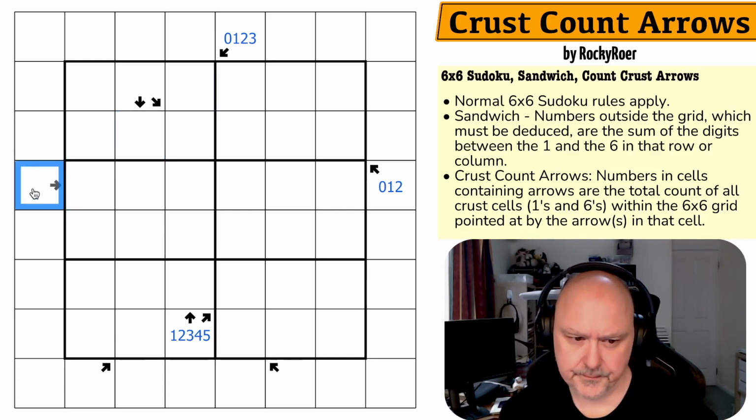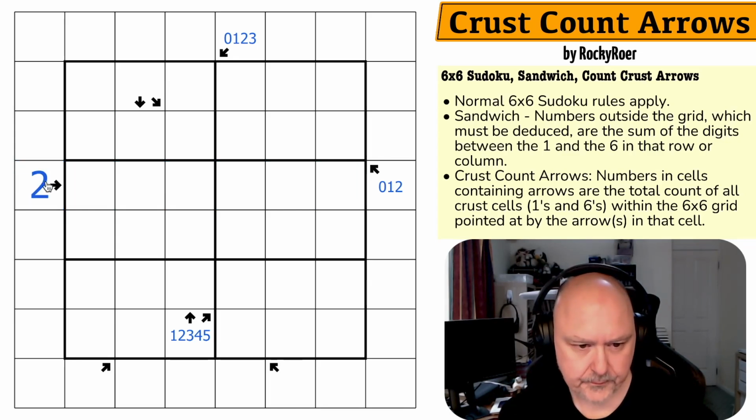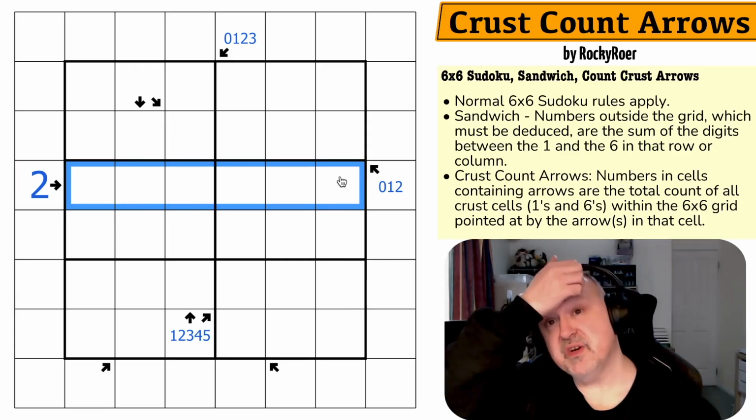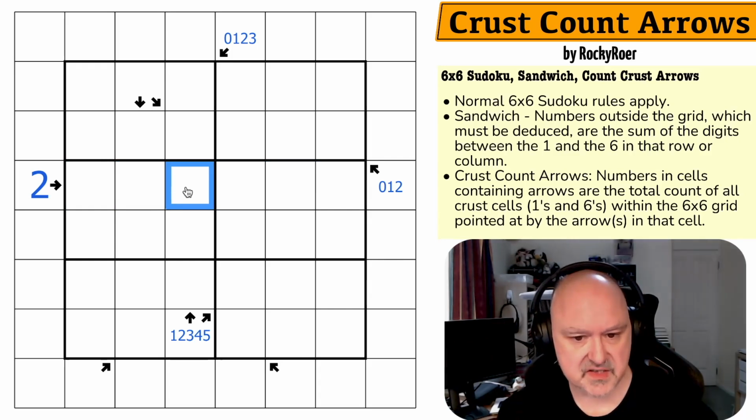This one, actually, I'm going to have a 1 and a 6 in here. This is just 2. So the sandwich in this row, because I must have a 1 and a 6 in this row, is just 2. So the sandwich clue for this row is 2. And there's only one way of doing 2, which is a 2 on its own. So there's going to be a crust, a 2, and then another crust.